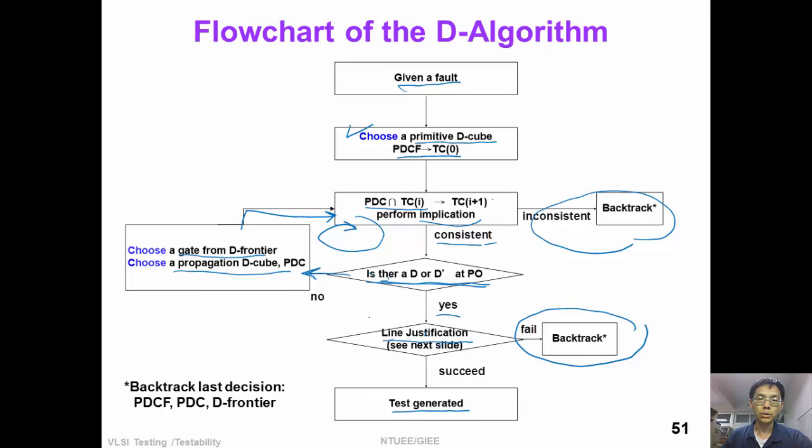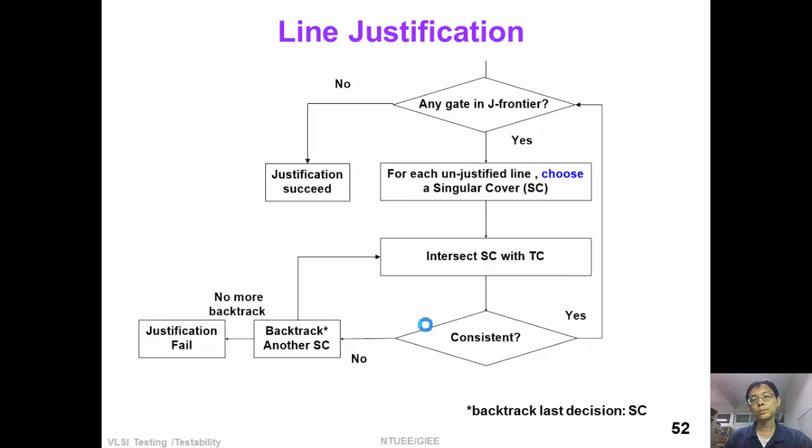Now there is one more thing we haven't explained, which is the line justification. From here, we enter the line justification. First, we check if there is any gate in the J frontier which has not been justified.